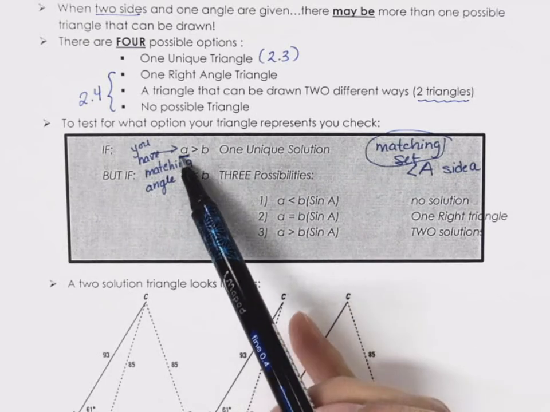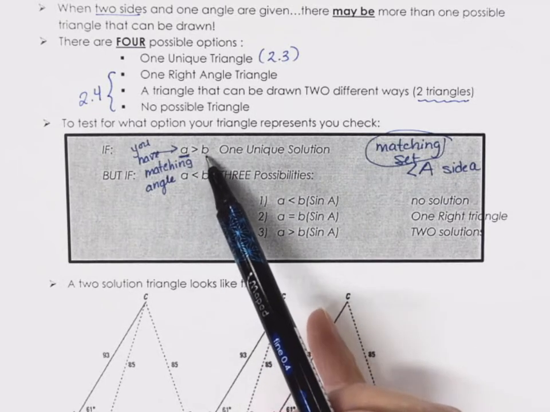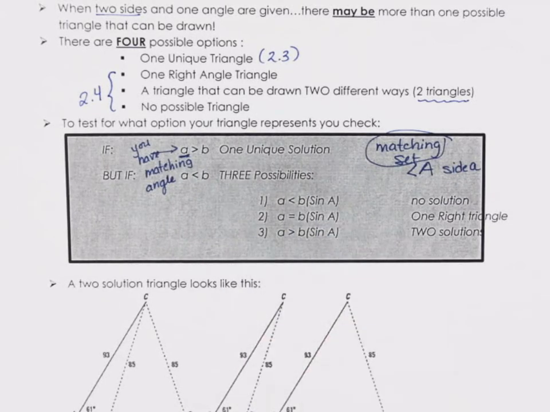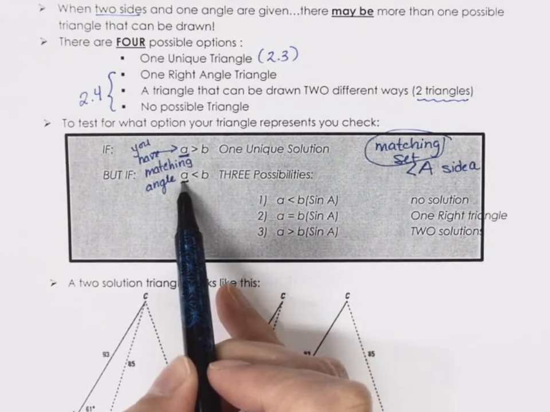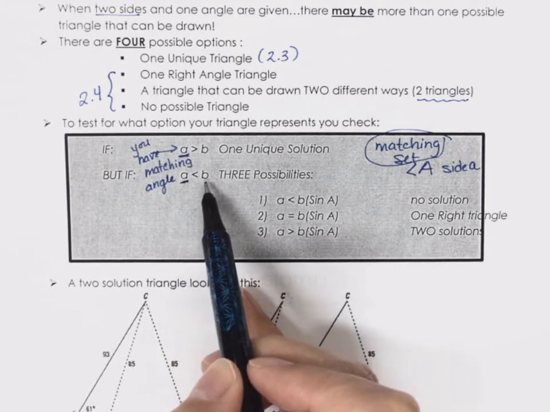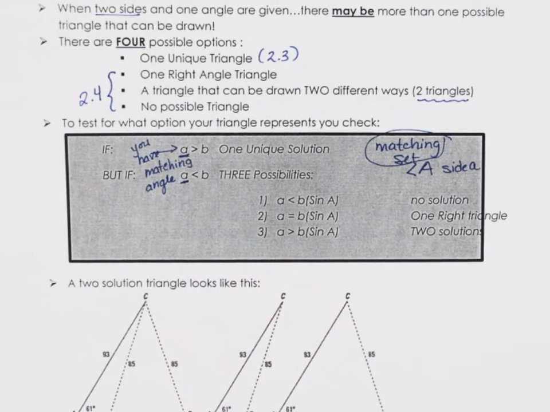So if this side A is greater than side B, you've got your one triangle. We solve it like 2.3. We just draw our triangle and we go. But if A is less than B, so if that matching side is less than the other side given, we've got to do some more math.